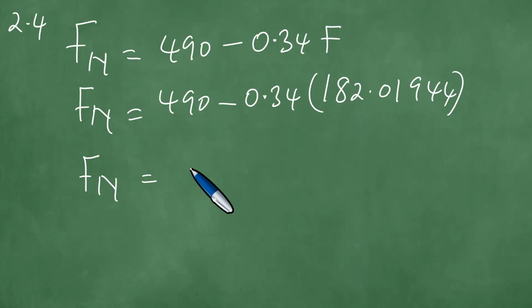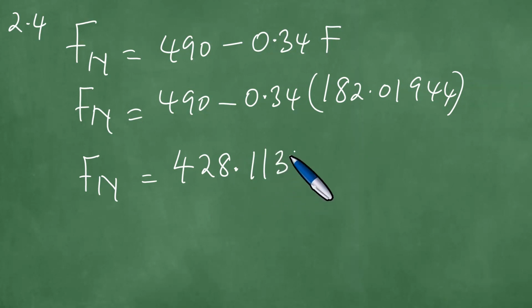490 minus 0.34. Now I'm just using the calculator here, which is 490 minus 0.34 times 182.01944. So this one is 428.11339 newtons.